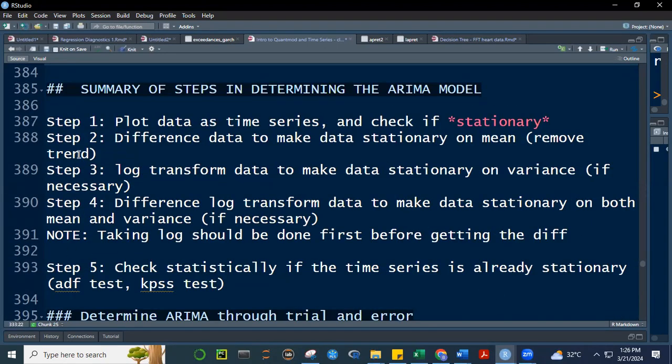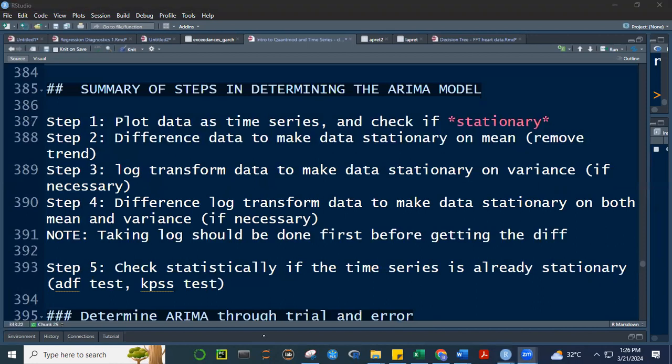Take a look at step 2 and step 3. If the data is not stationary, if it has a trend, and if it's constant in variance, for example, again, let me plot our data. An example is this one, class. Suppose our data behaves this way.